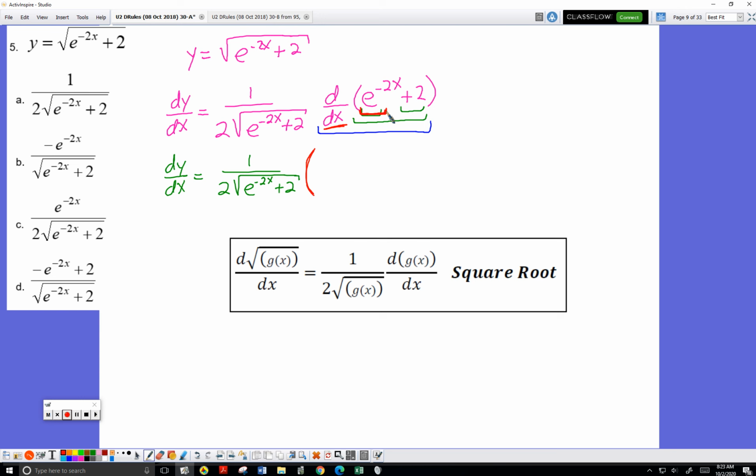Negative 2x. The e rule is another easy one. The derivative of e to the something is e to the something multiplied by d dx of that something. Okay? The derivative of 2 is going to be 0.